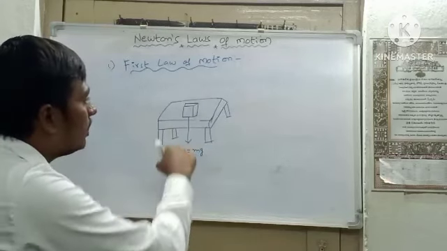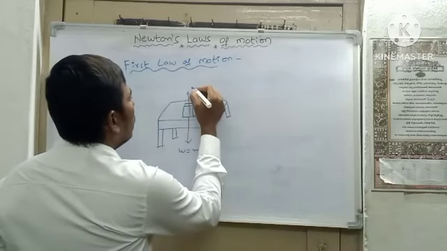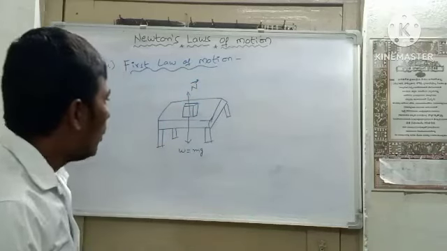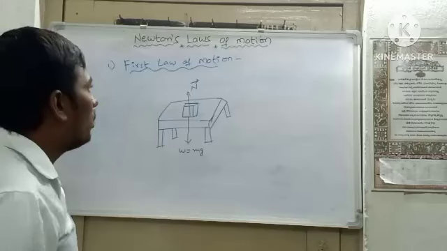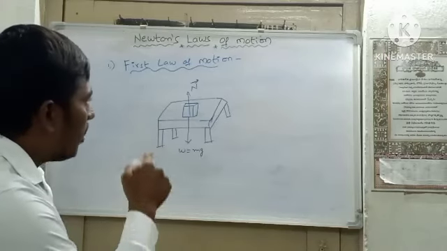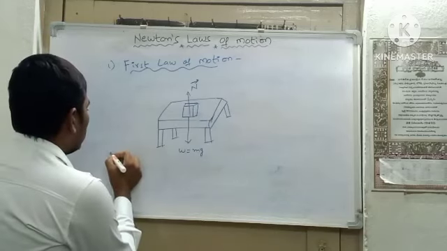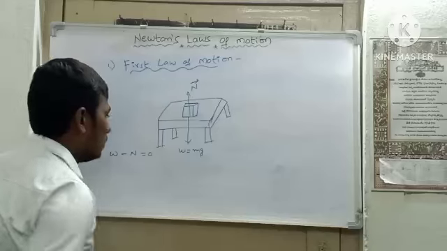And another one is contact force, which is upward. Here we are applying Newton's first law, the sum of the forces equal to 0, meaning weight minus contact force equal to 0.